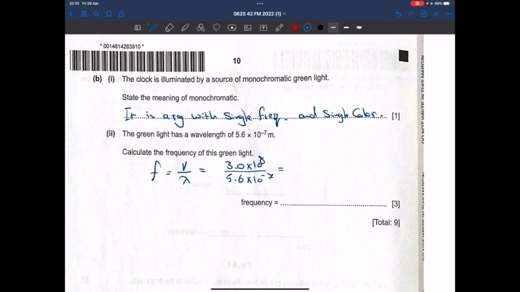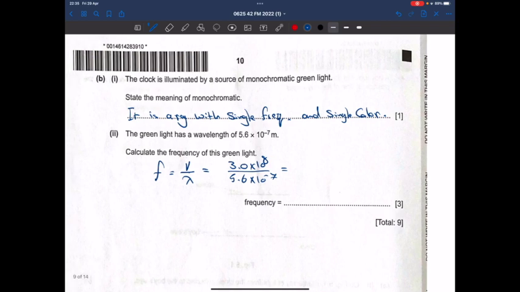If you do that in your calculator, you will get this answer. For me, it's 5.36 times 10 power 14. So I'm going to write here, maybe it could be 5.4 times 10 power 14. Do not miss the measuring unit, which is hertz.